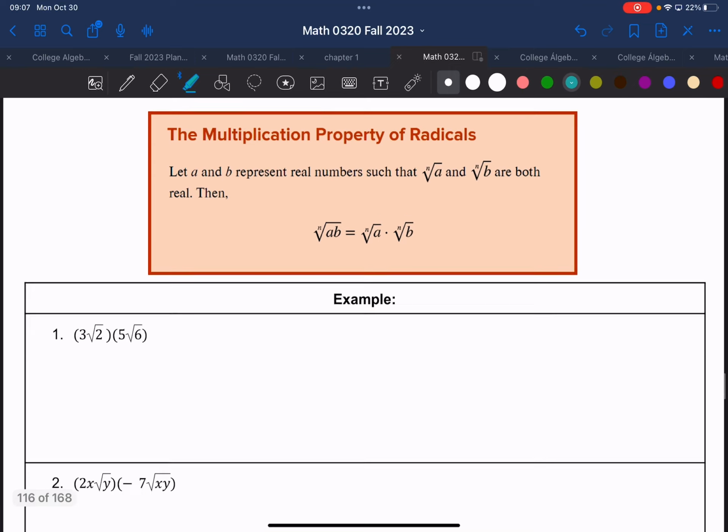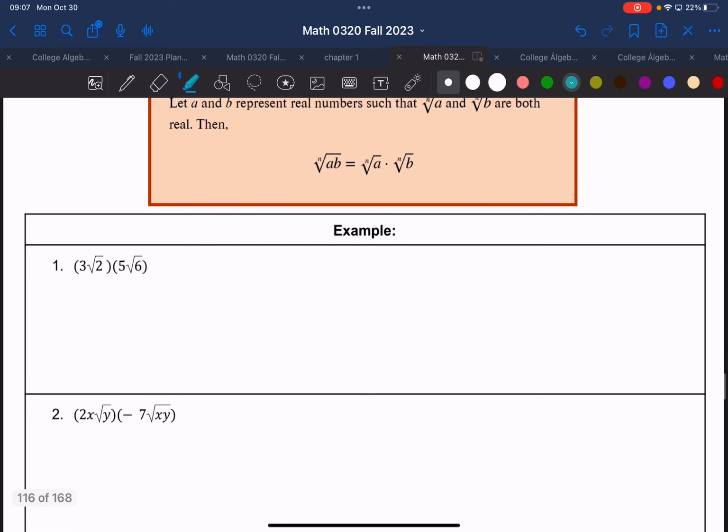So looking at example 1, since we are multiplying two radicals together, that's the same as multiplying the outsides and then multiplying the insides.